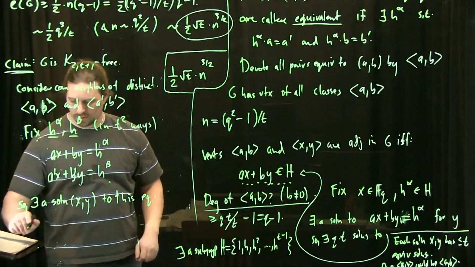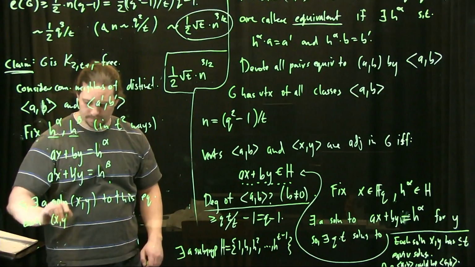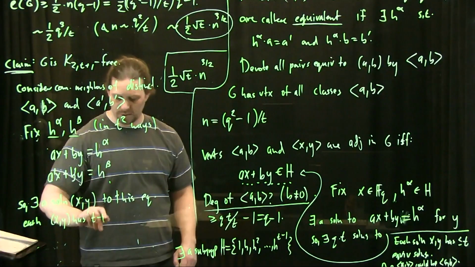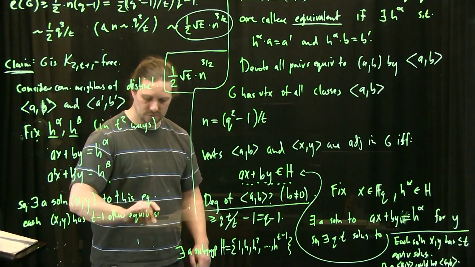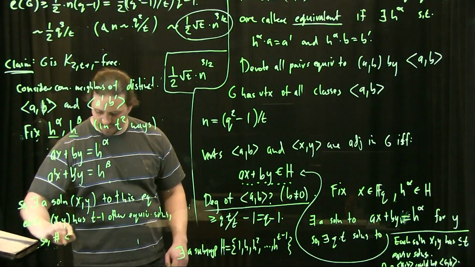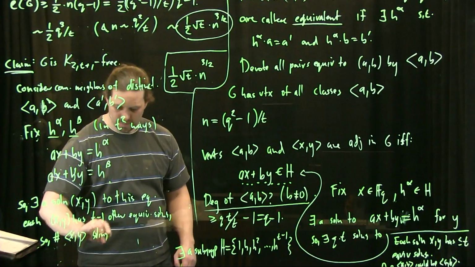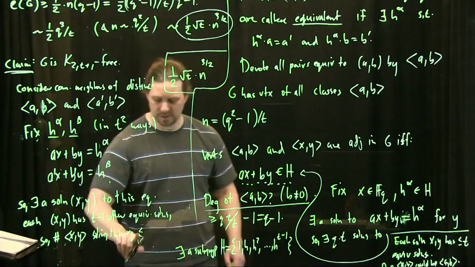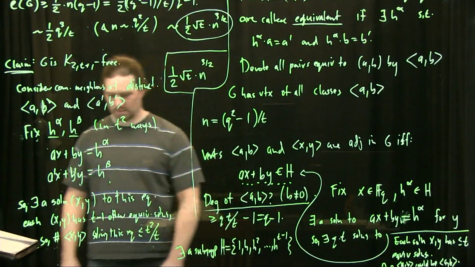Okay, so each x, y has t minus one other equivalent solutions. So the number of classes x, y solving this equation is at most, or it's exactly, but it's at most t squared over t, right?